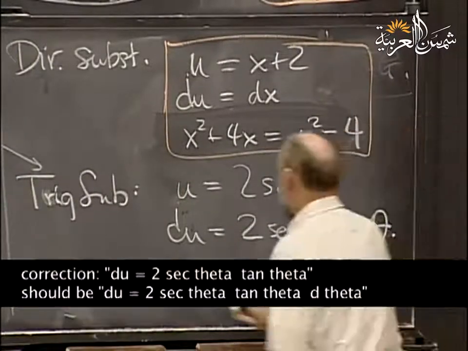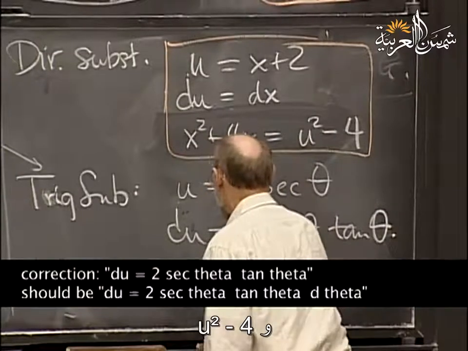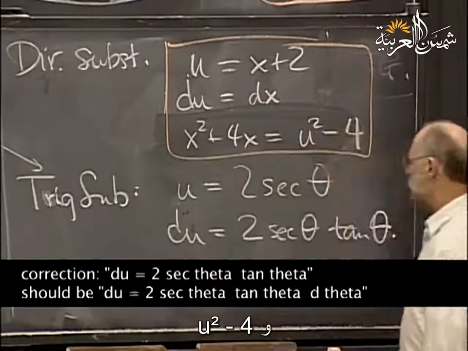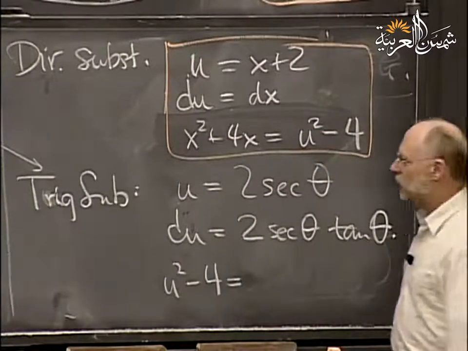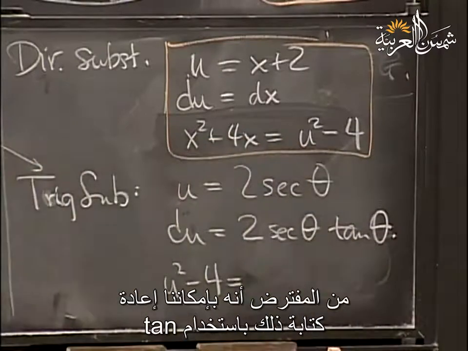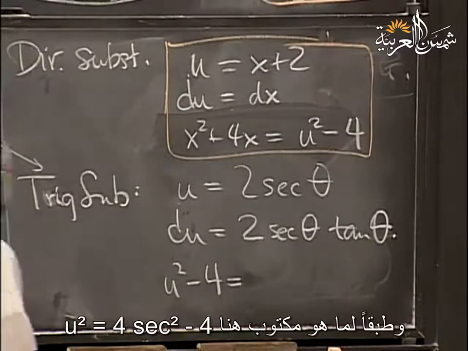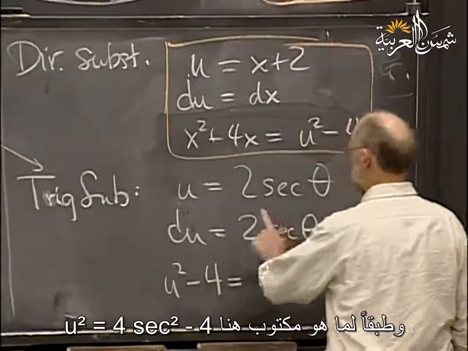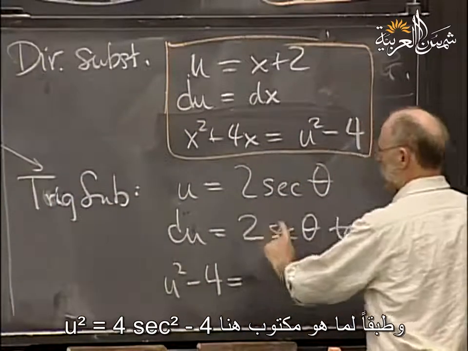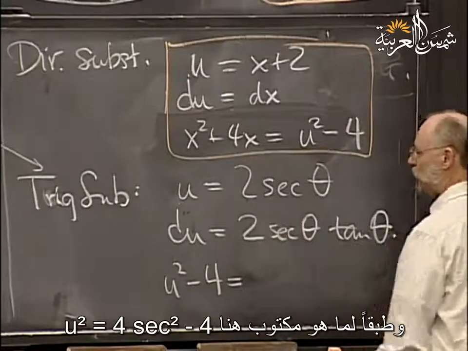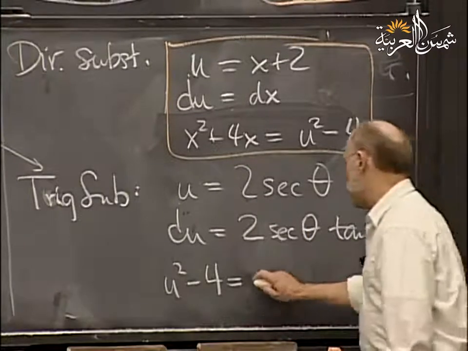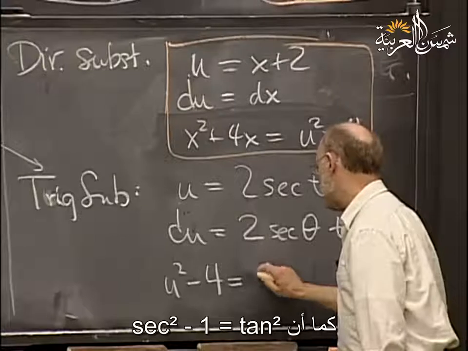tangent theta. And u squared minus 4 is, here's the payoff. I'm supposed to be able to rewrite that in terms of the tangent, according to this. U squared minus 4 is 4 secant squared minus 4, and secant squared minus 1 is tangent squared.